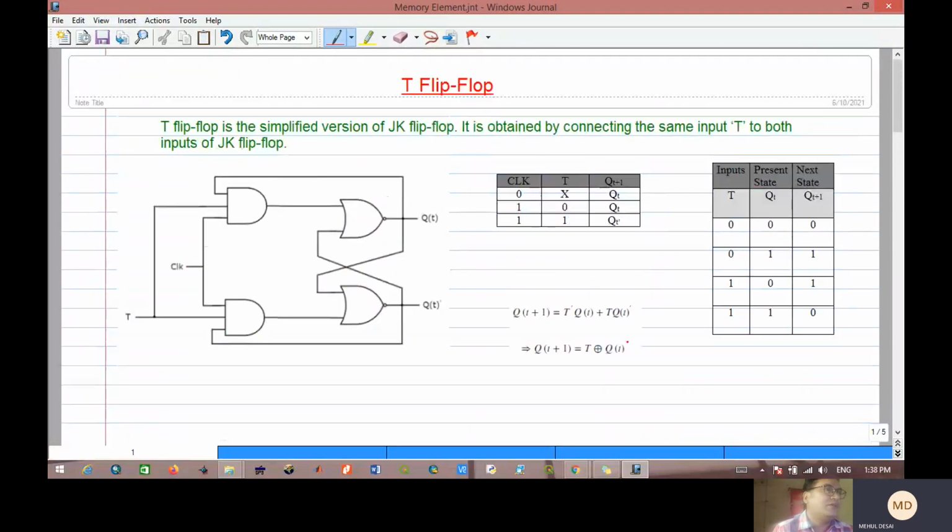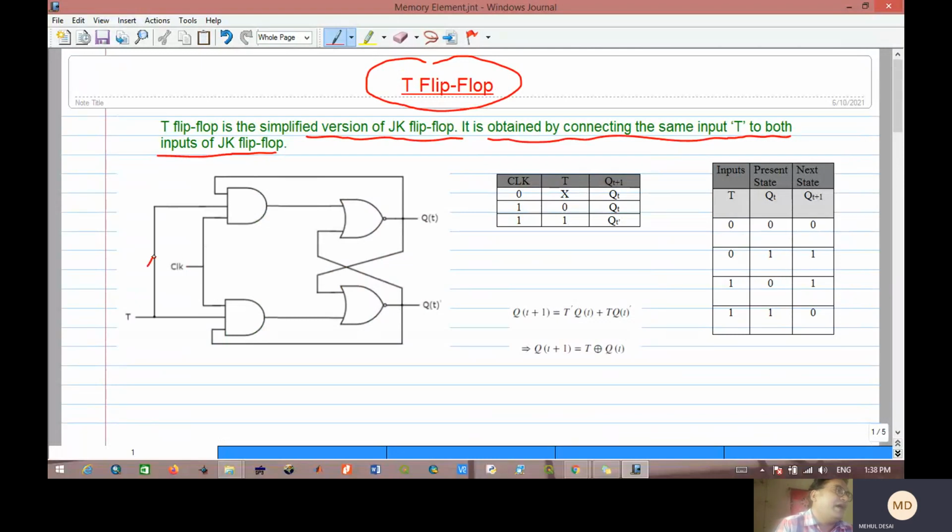The next flip-flop is the toggle flip-flop, also called the T flip-flop. T means toggle. The T flip-flop is the simplified version of the JK flip-flop. It is obtained by connecting the same input T to both inputs of the JK flip-flop.